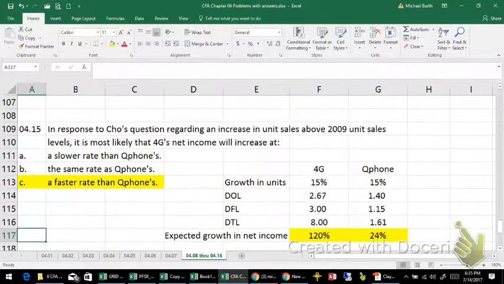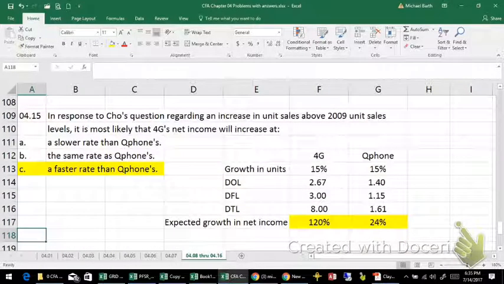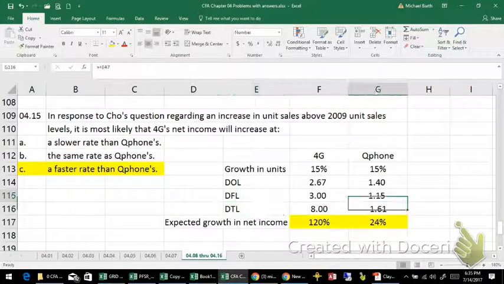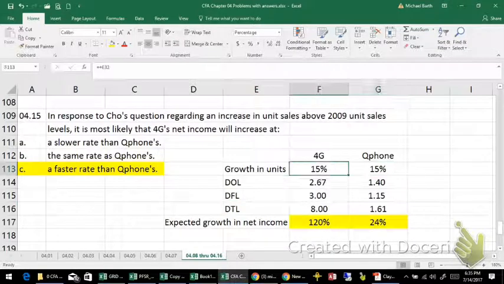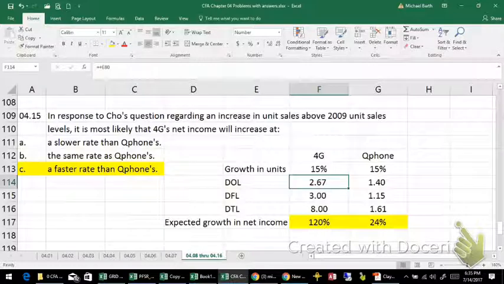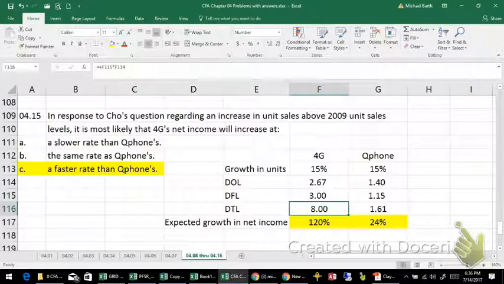All right, problem 415. Choose the question regarding an increase in unit sales above 2019 sales. It's more likely that 4G's net income will increase at... All right, so we're estimating 15%. The degree of operating leverage, which we calculated for 4G, is 2.67. The degree of financial leverage is 3. Multiply those together.